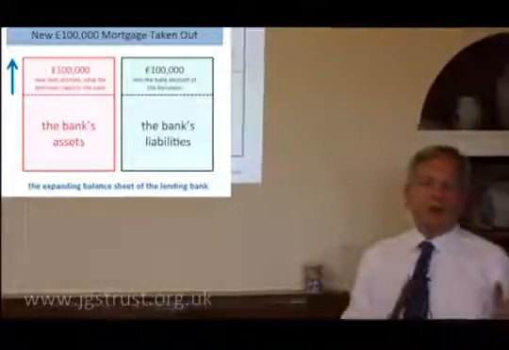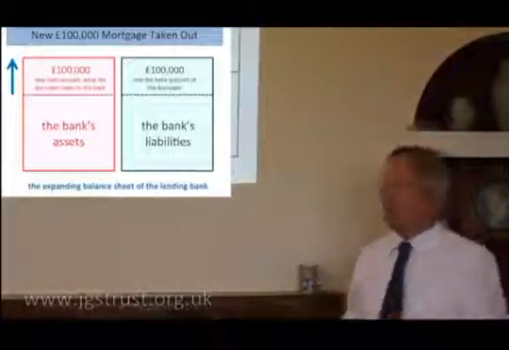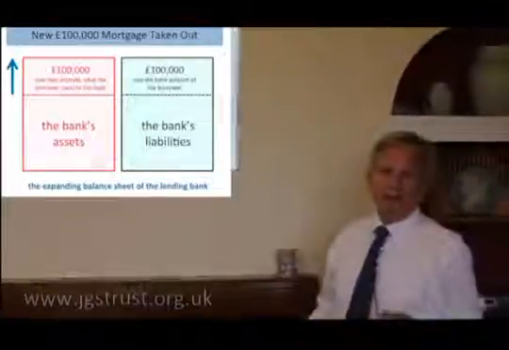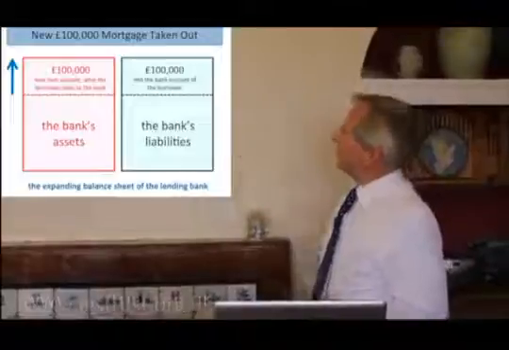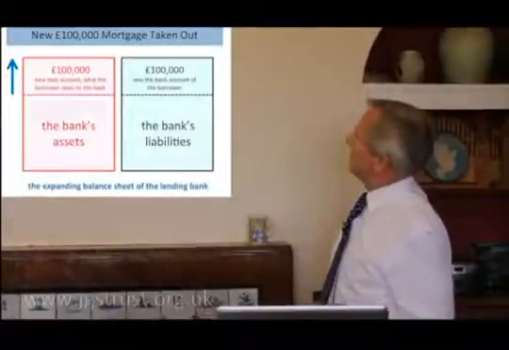Obviously you might borrow from one bank and deposit it in another, but with a combined view of the multiple balance sheets of the banks, you can represent it schematically as this.